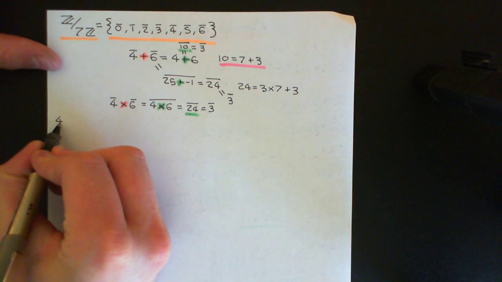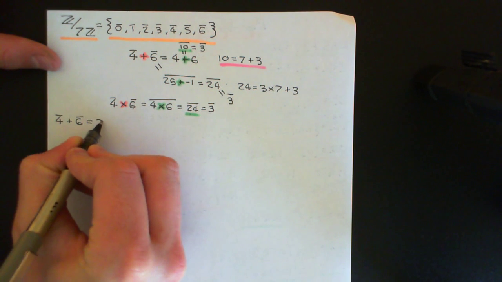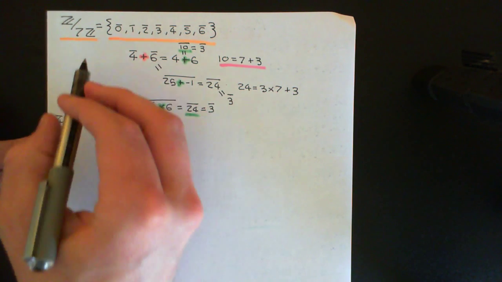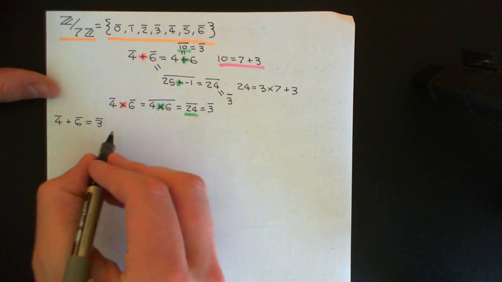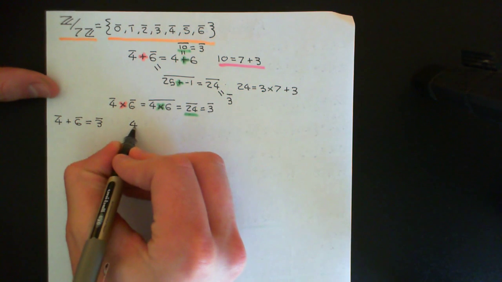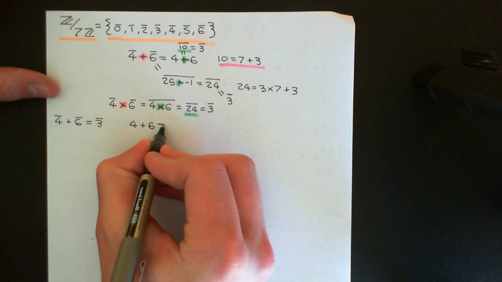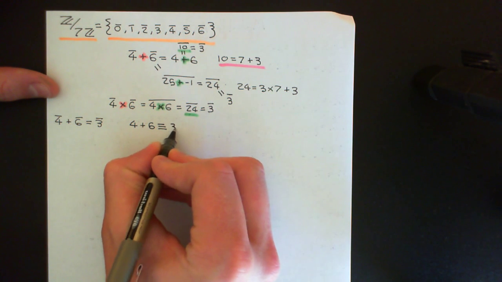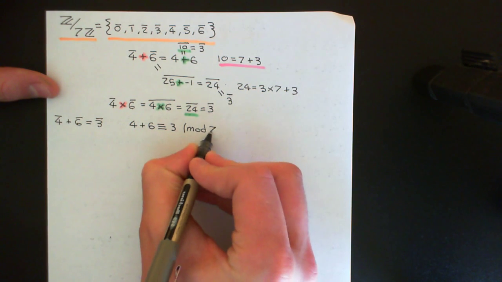This is my favourite notation, just writing 4 bar plus 6 bar is equal to 3 bar, where of course this means addition in our quotient ring. But the old notation for this expression would have been, you wouldn't put the bar, you'd put 4 plus 6 is congruent to 3 modulo 7.